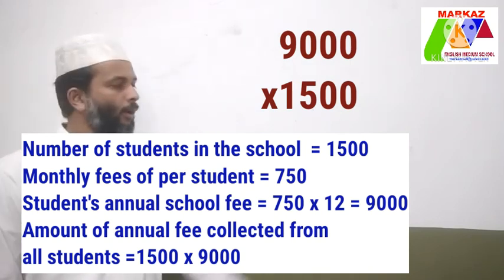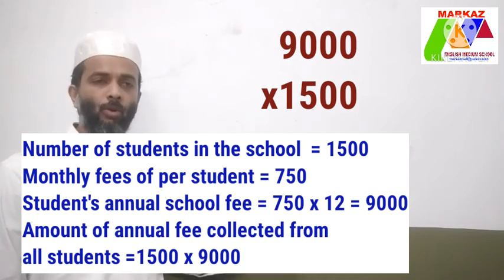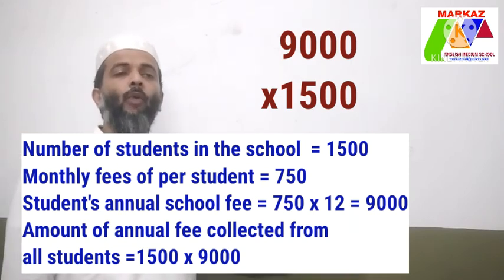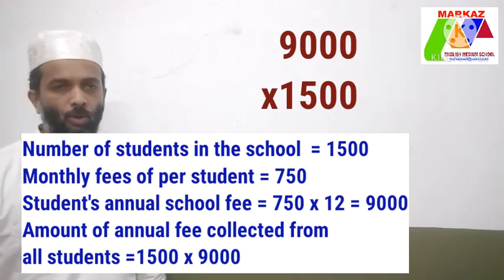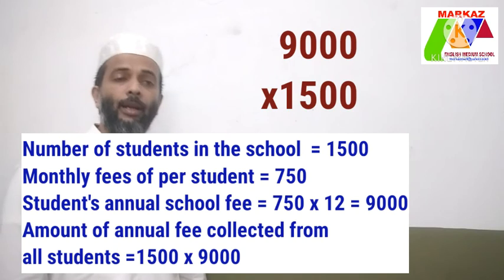Then again 1 into 0 is equal to 0, and last 1 into 9 is equal to 9.